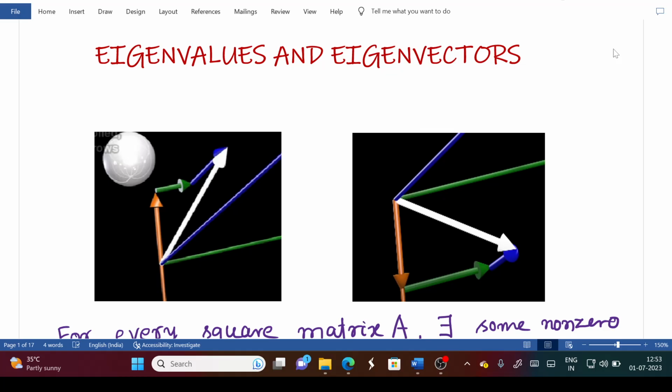We know every matrix represents a linear transformation. So if a matrix is multiplied to a vector, that means a linear transformation is applied on that vector and that vector is transformed to a new vector.